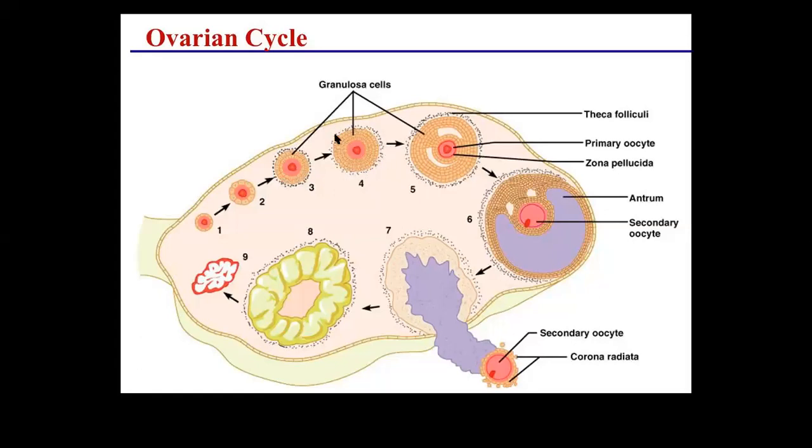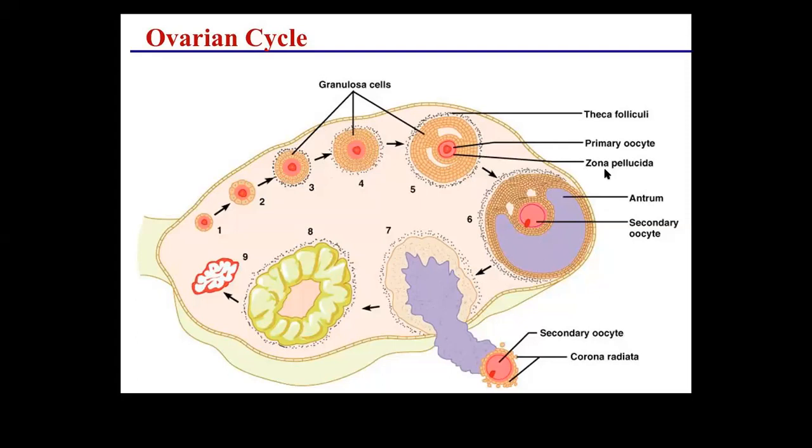So when you see secondary follicles, what are the major changes you will see? First, there are a number of granulosa cells. You will see theca externa and theca interna, and you will see a specialized protein covering outside the oocyte. What is this protein covering?